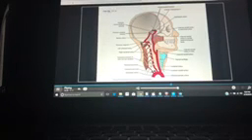So you have your anterior cerebral right over here on either side, and anterior cerebral over in this direction. There are some clinical scenarios here, folks, with regards to these communicating arteries and aneurysms.